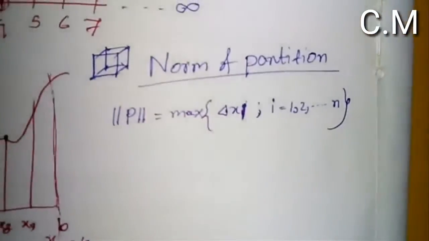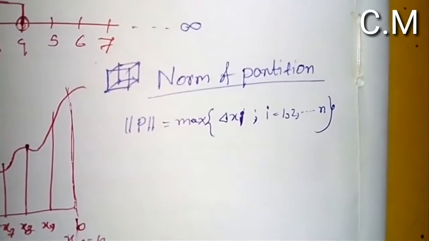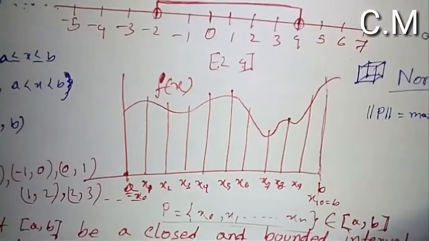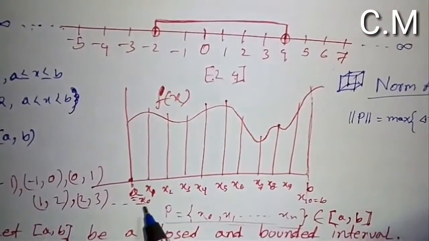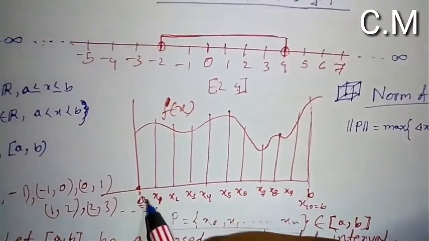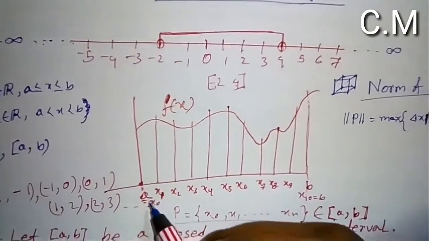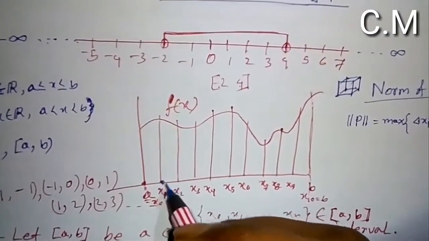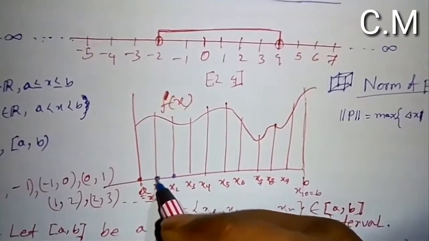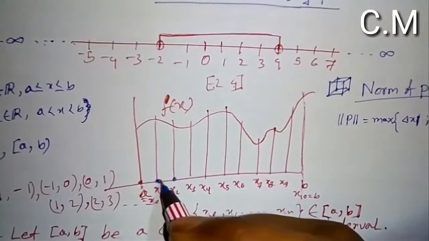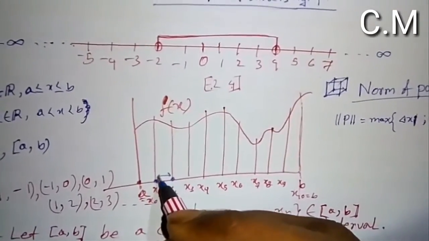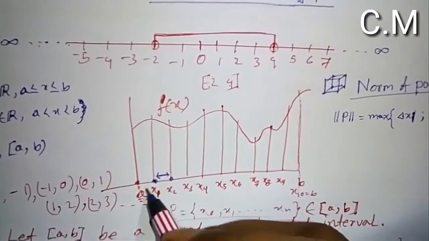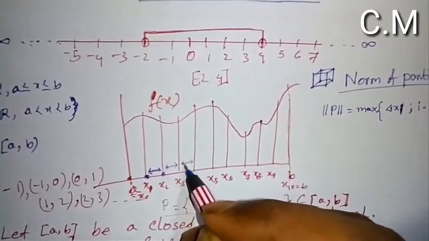Next, what is the norm of the partition? It is the maximum length among the sub intervals of a partition. If we take the sub interval x1 to x2, the length of it is called the norm of the partition if it is the maximum among all the sub intervals.